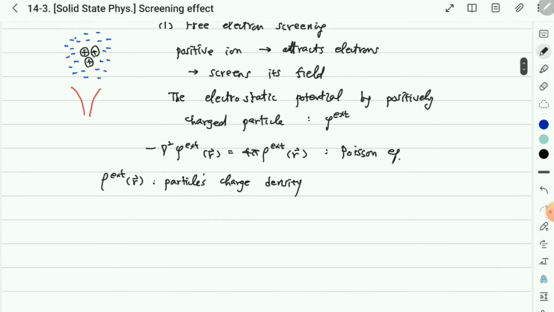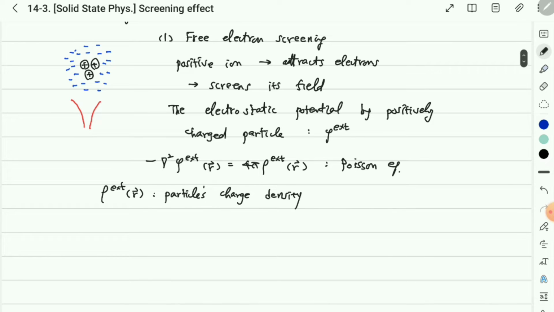Here, if it is a bare ionic potential, then the electron cloud is attracted nearby by the positive ion.